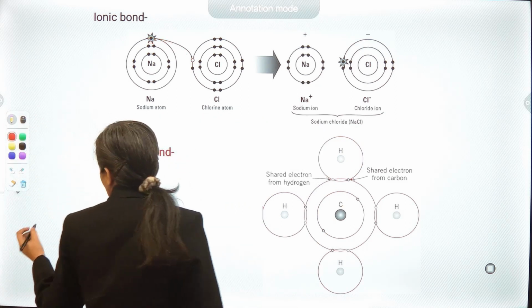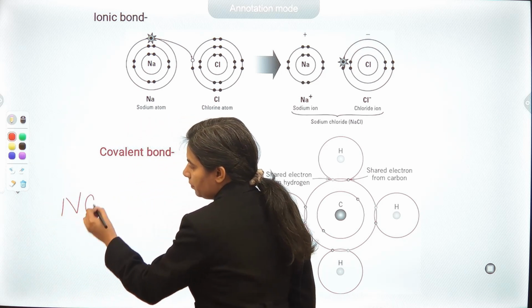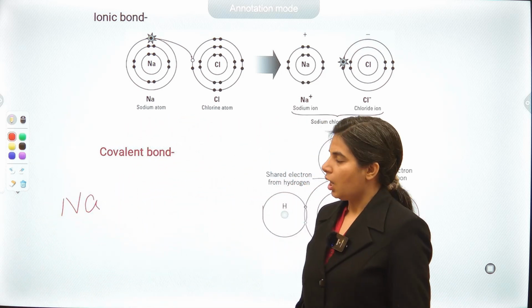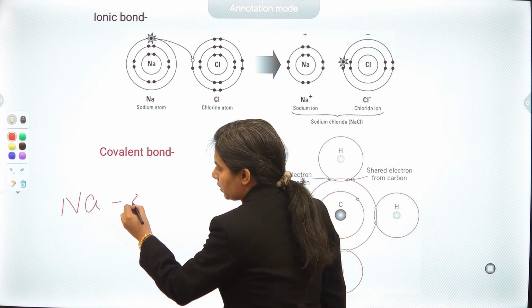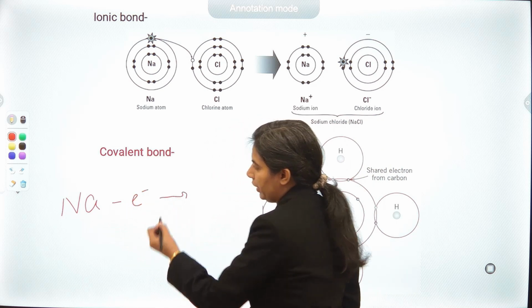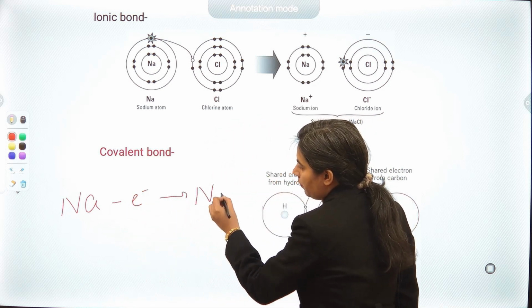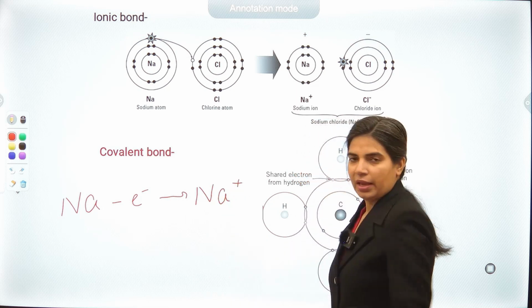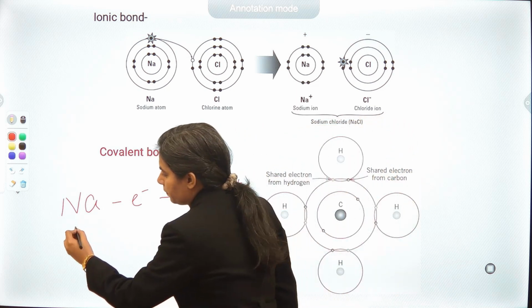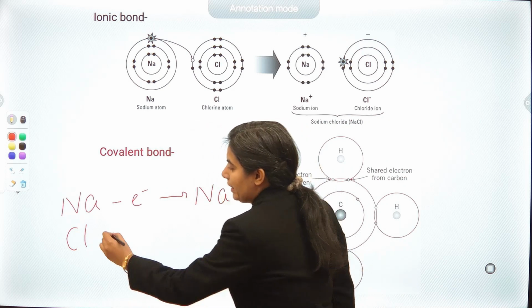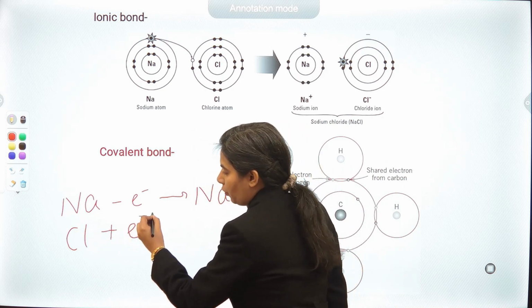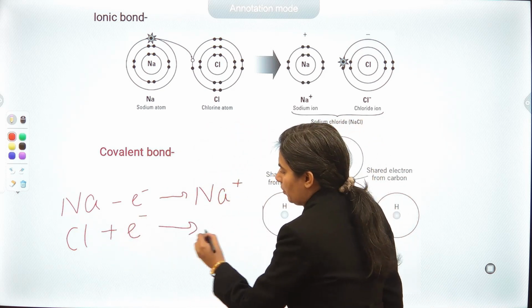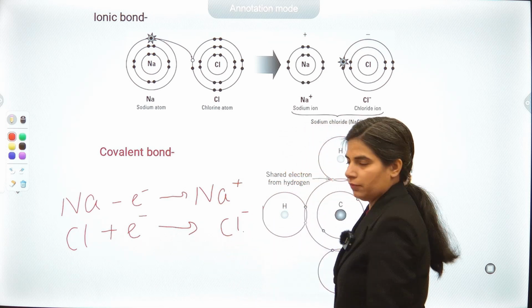Here sodium is losing 1 electron, so it comes up as sodium positive. And if I talk about chlorine, chlorine is gaining 1 electron and it comes up as chlorine negative.